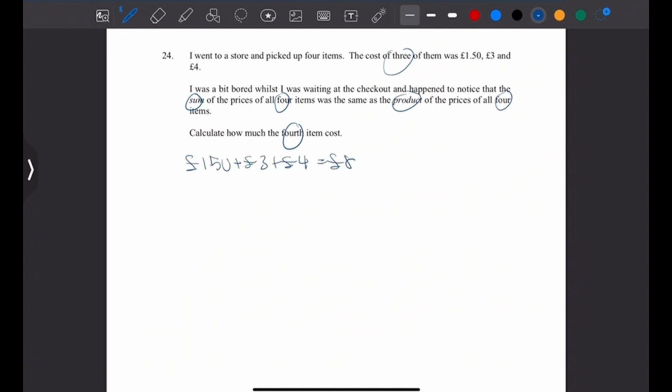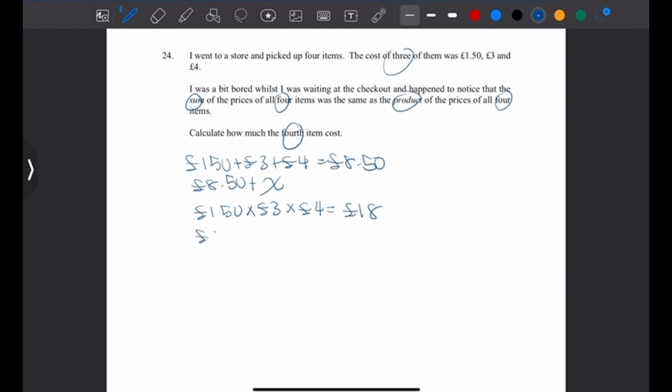You get 8.50. So you'll write it as 8.50 plus x. And then we're going to find the product of the 3 items. So, sorry, this is 1.5 times 3 times 4. You will get 18.